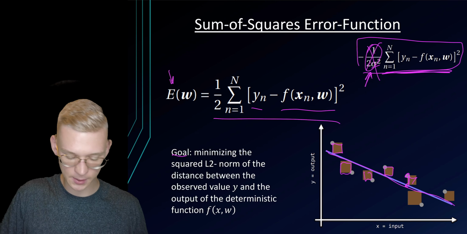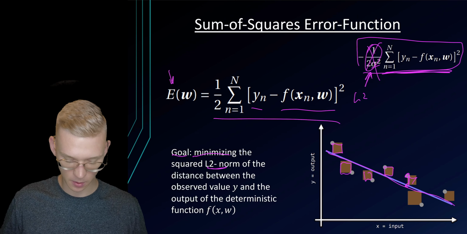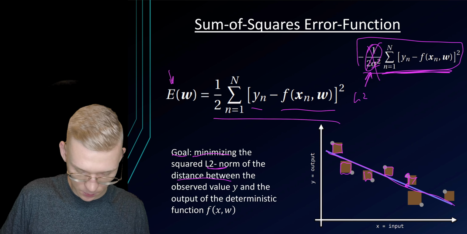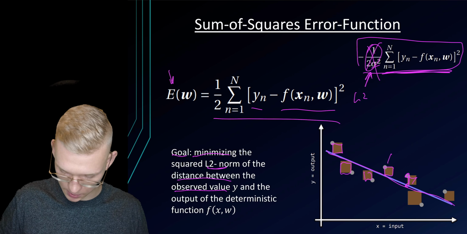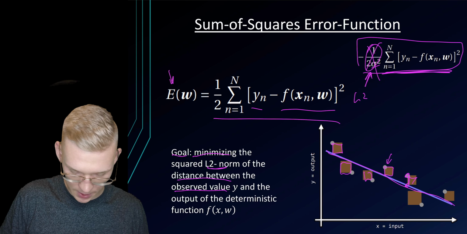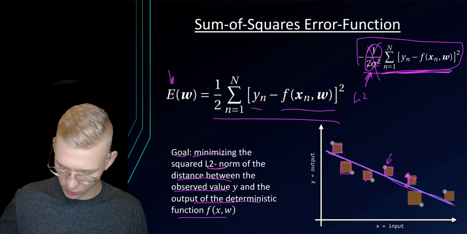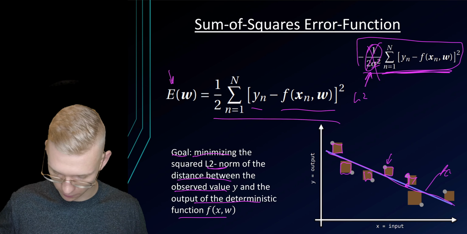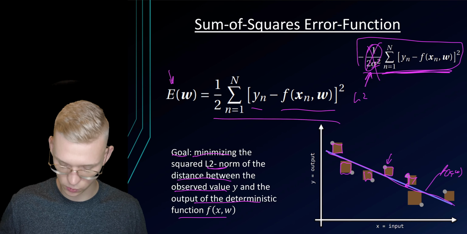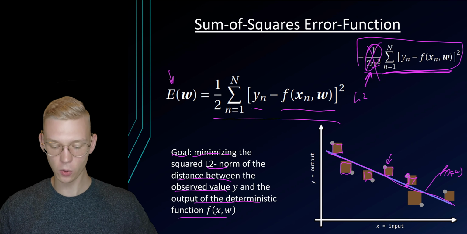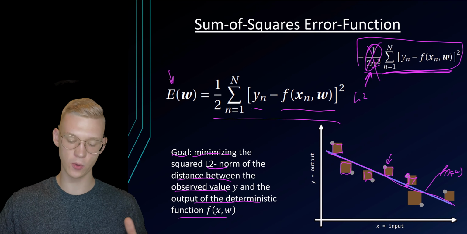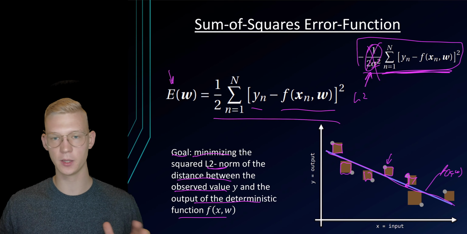So the goal is basically to minimize the L2 norm, which is the distance between the observed value and the predicted value of our deterministic function f of x and w. And now we know how we got to our error function of the least squares.